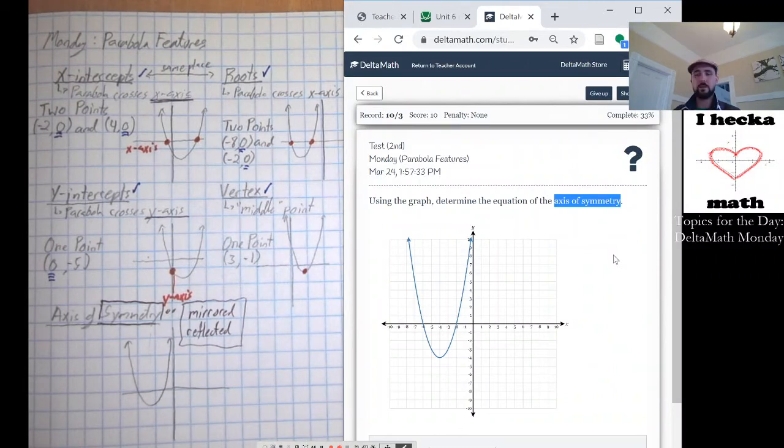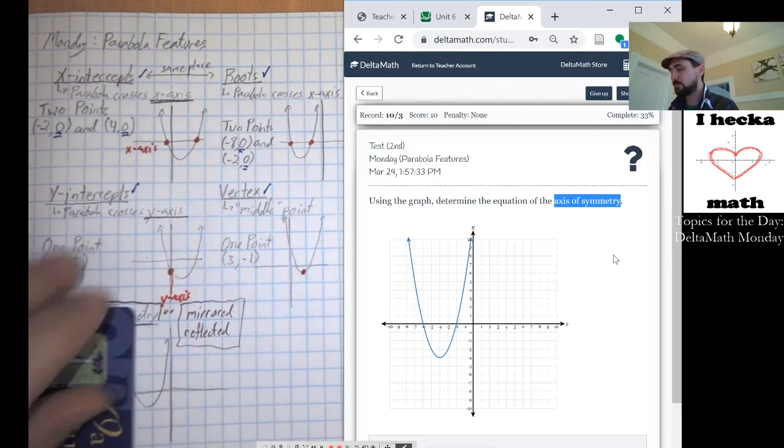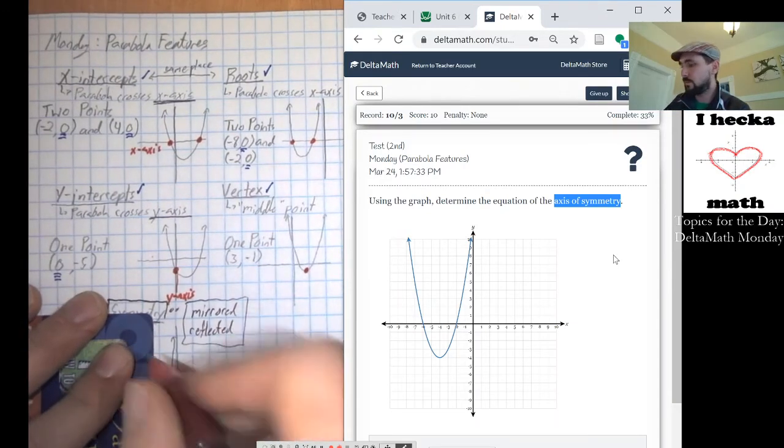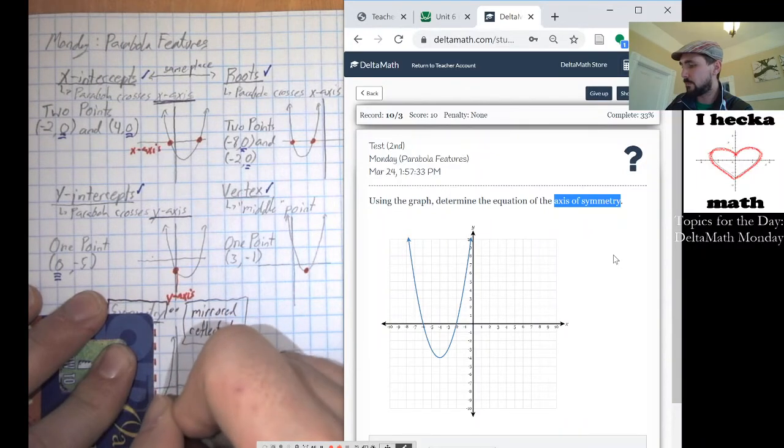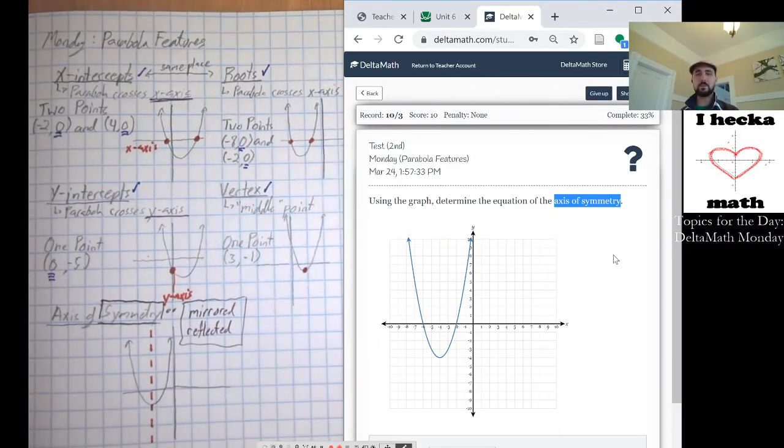Let me use my Oakland Public Library card straight edge. In this case, you might think of the axis of symmetry as the line of symmetry, right? It's the line that shows you where the two halves of the parabola are folded. If you folded it, they would be on top of each other.